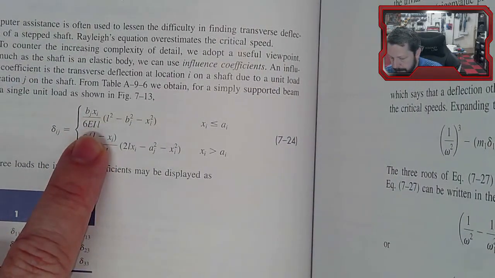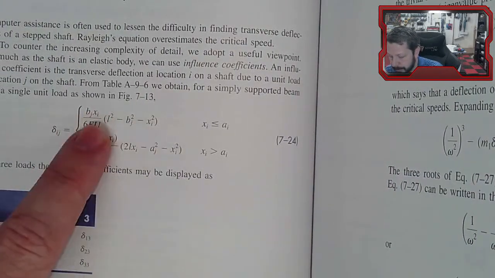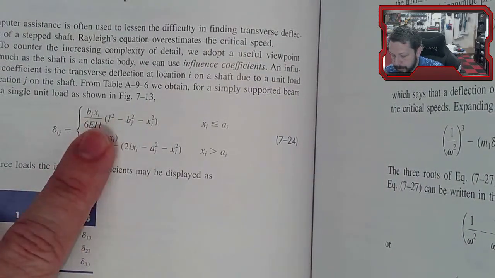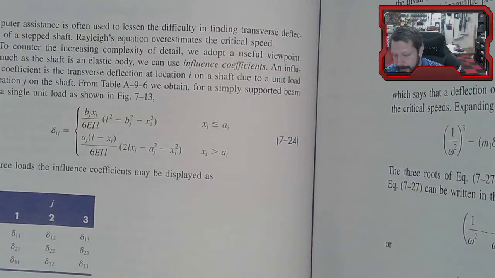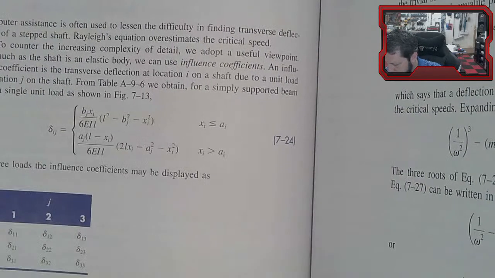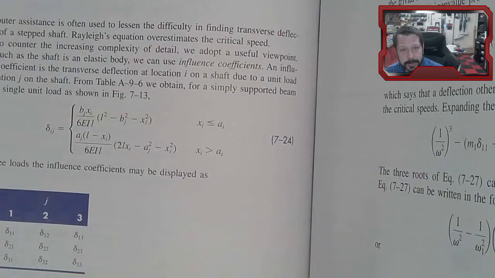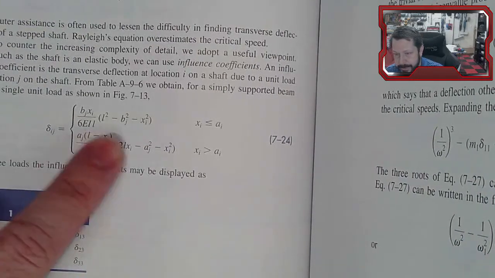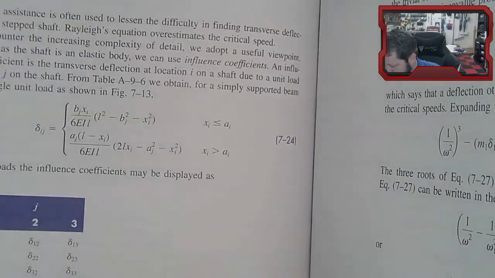These are good when you have a simply supported shaft, but if you have a cantilevered shaft or other things, then you would need to sub out the appropriate equation of the elastic curve for a cantilever beam instead of a simply supported beam with offset point load. All the ones that we're going to do are going to be simply supported beams with offset point load, so we can use this one. We don't have to go drag out other beam equations.